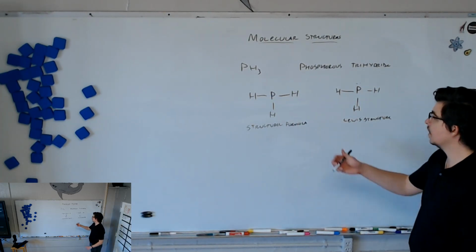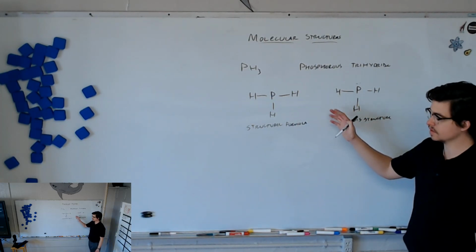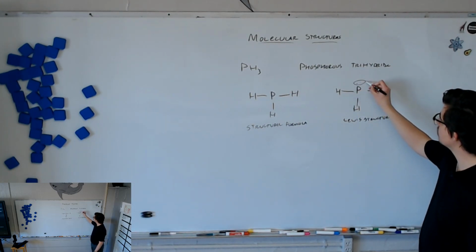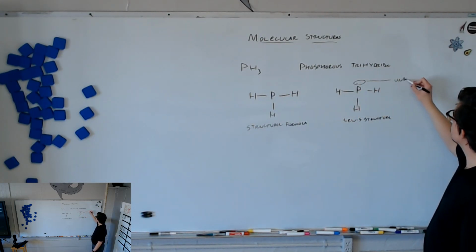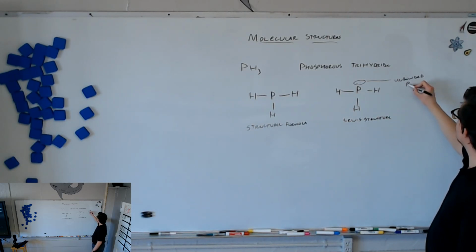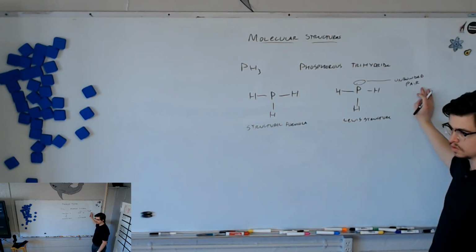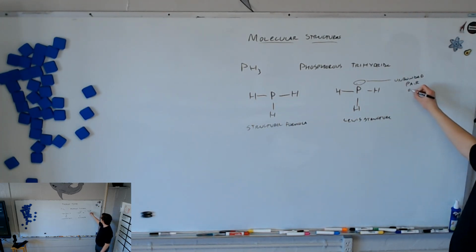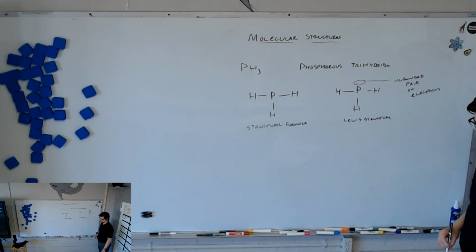Neither one shows how many valence electrons they have, but the Lewis structure also shows this little thing here called an unbonded pair. Usually it's just called an unbonded pair, but an unbonded pair of what? Electrons, right? Unbonded pair of electrons.